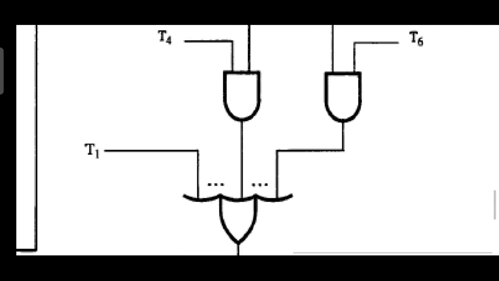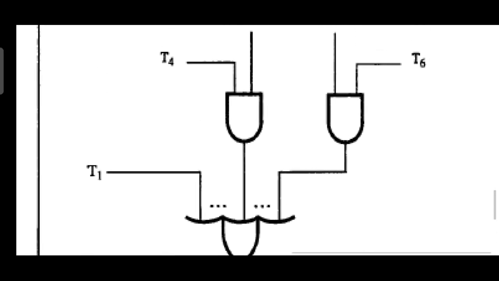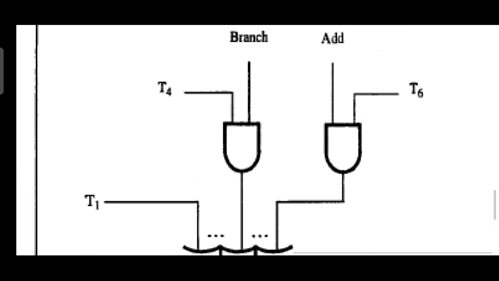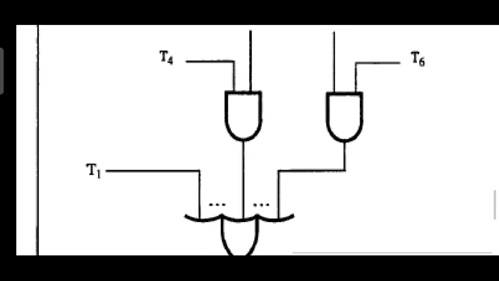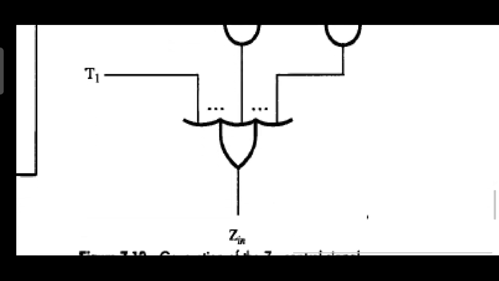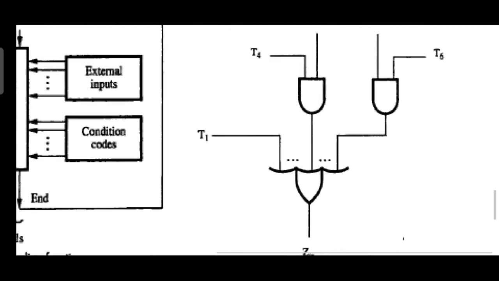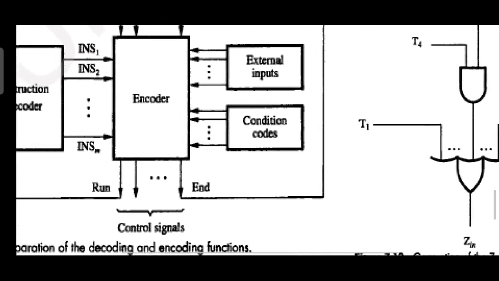The outcomes of these two AND gates are provided as inputs for the OR gate. So the first operand is T1, the second operand is the compound result of T4 and branch, and the third operand is the compound result of add with T6. In that way, Z in will be produced. As I told you earlier, a control signal is nothing but a set or combination of logic gates. Using a combination of logic gates will generate the control signal. Okay, that is about the hardwired control.